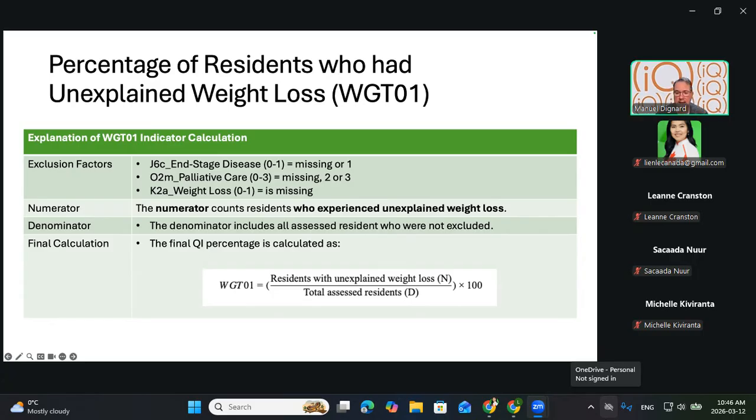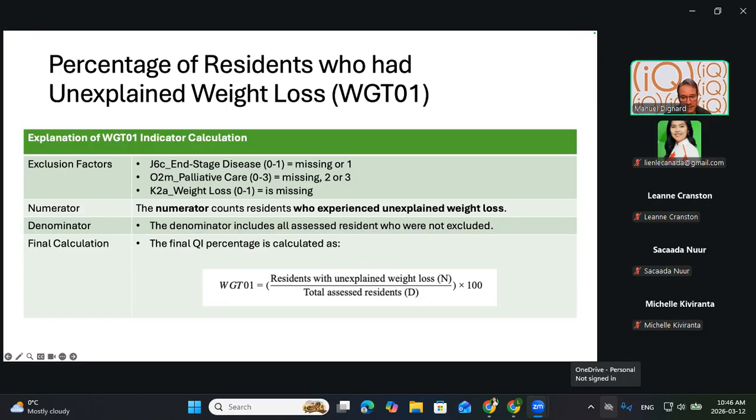In the CCRS, if you remember, there was a question where resident is on a planned weight loss program, and you would check that off if they were on a planned weight loss program by the dietitian. And when you clicked that, it would exclude you from this quality indicator because they want them to lose weight.